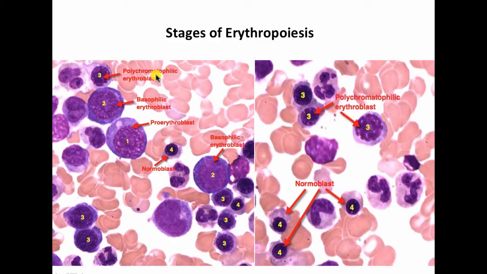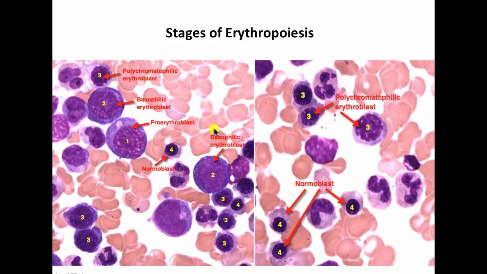The polychromatophilic erythroblast eventually stops synthesizing RNA, stops synthesizing hemoglobin. Its nucleus becomes pyknotic, becomes very dense, loses this speckled appearance, and the next stage down from this normoblast or orthochromatophilic erythroblast will be when this cell ejects the nucleus, becoming a reticulocyte, which is not shown here.